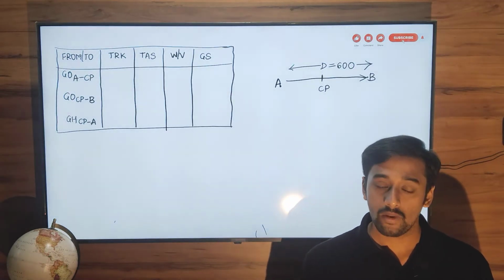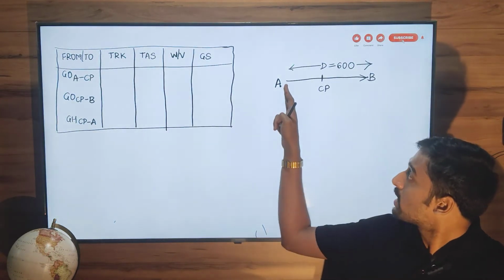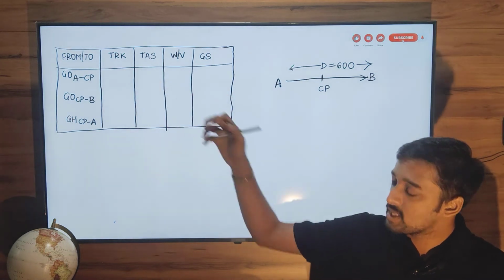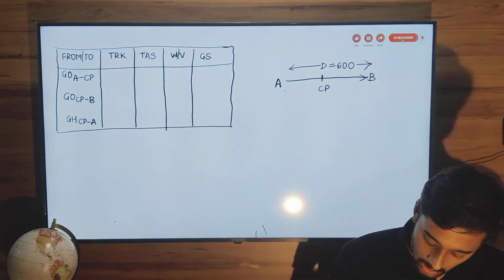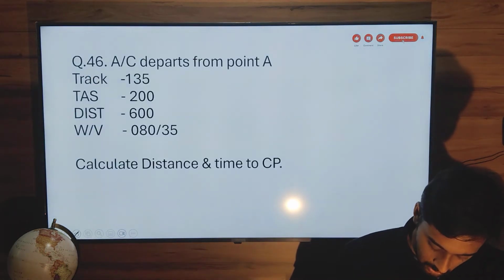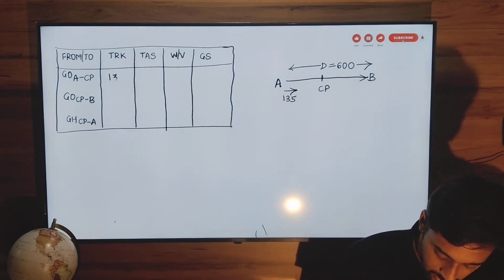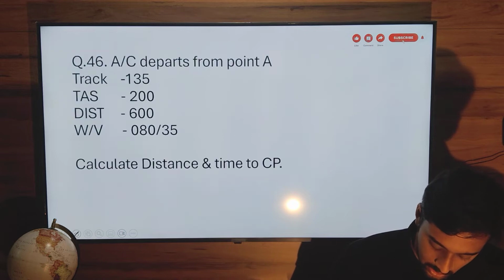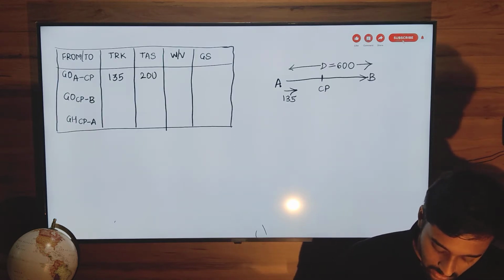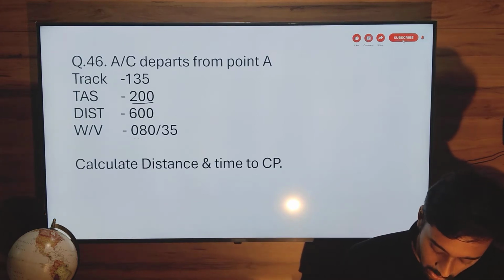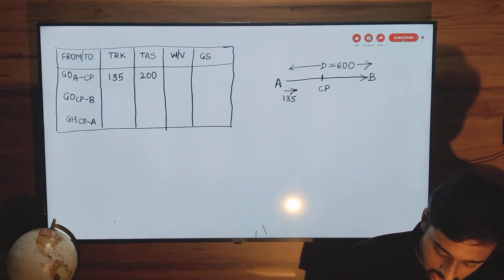Ground speed outbound from A to CP. What will be the track from A to CP? Outbound track is 135. So 135. The TAS that is given to you is 200. Wind velocity is 080 at 35.